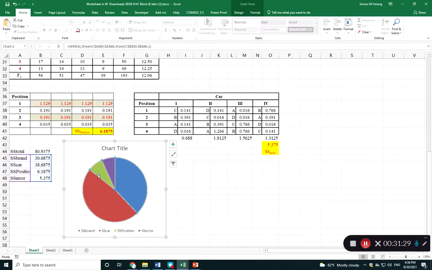The brand chewed up a lot of sum of square. That's a big piece to keep. The positions, it's not very important, not significant. Also look here, that's 3 degrees of freedom. Does it do much? Not much.